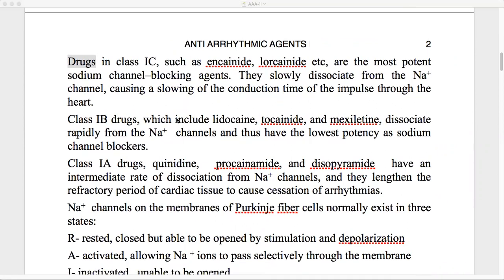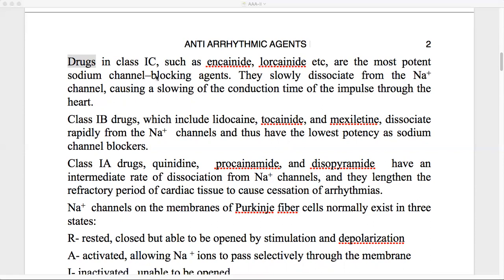Drugs in class 1C, such as encainide, lorcainide, etc., are the most potent sodium channel blocking agents. They dissociate slowly from the sodium channel, thereby slowing the conduction time of impulses through the heart.